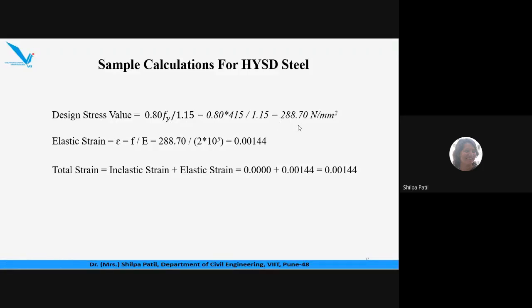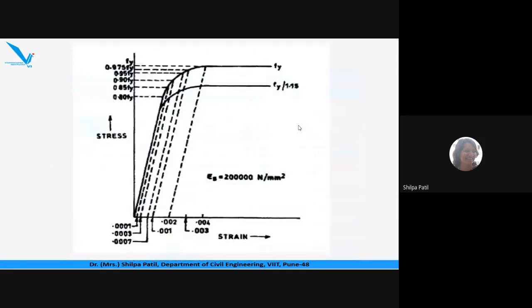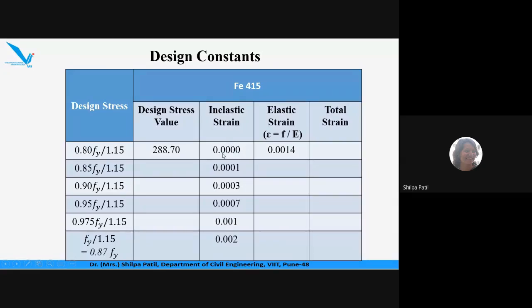Now corresponding to this stress value, if I look into this curve at 0.8 Fy, the corresponding strain value is 0 here. So the value is written here as 0. This is the inelastic strain. Now we have to find the elastic strain value, which we can find by making use of this relation. What is the F value now?